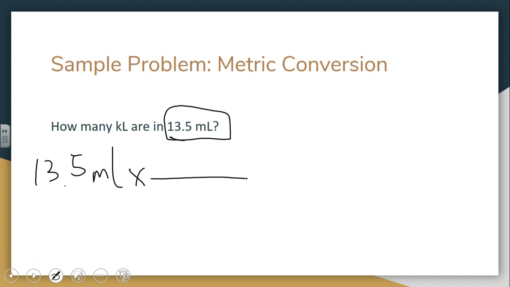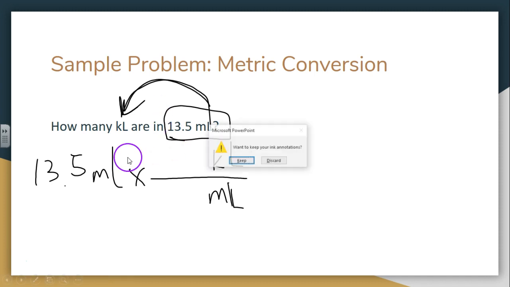Okay, and then step 3, let the units be your guide. The unit you want to get rid of, milliliters, has to go on the bottom. So imagine that this is a fraction. So milliliters are going to go on the bottom. Kiloliters goes on top. We want to go from milliliters to kiloliters. Now we need a conversion factor.